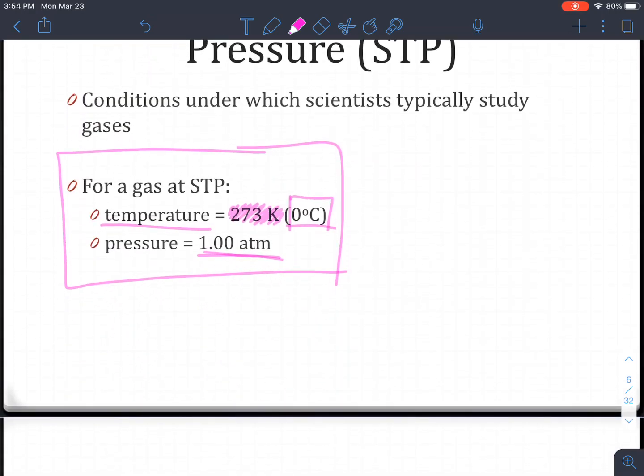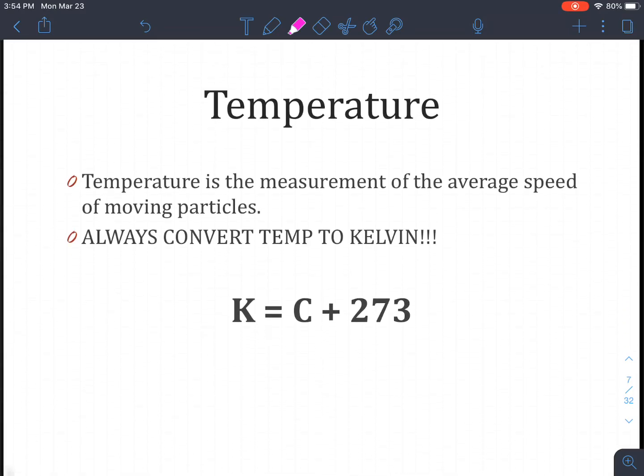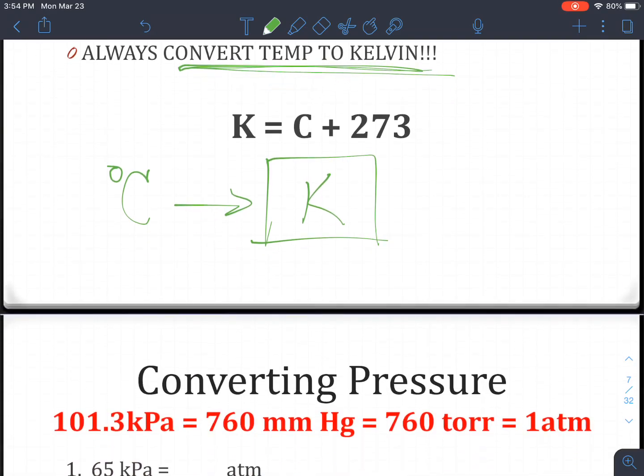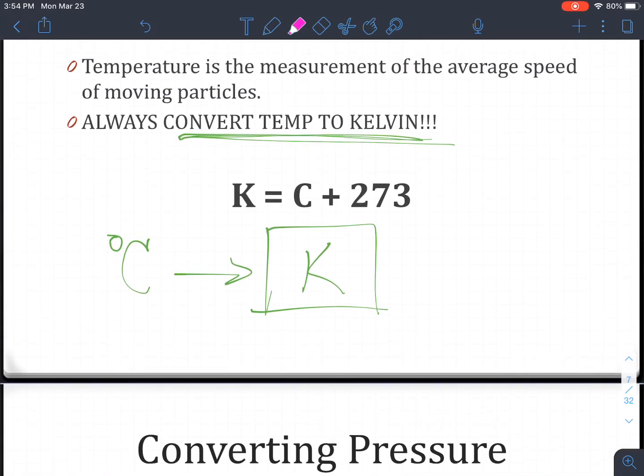All right, I'm going to go over how to go from Celsius to Kelvin, because we are going to be calculating in this unit, and you do need to know how to convert to Kelvin. Our thermometers measure in degrees Celsius, but in order to do gas law calculations, it has to be in Kelvin. Now, in order to get to Kelvin, you just have to add 273.